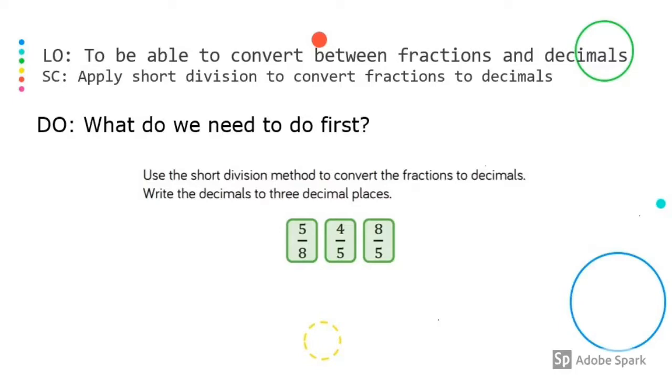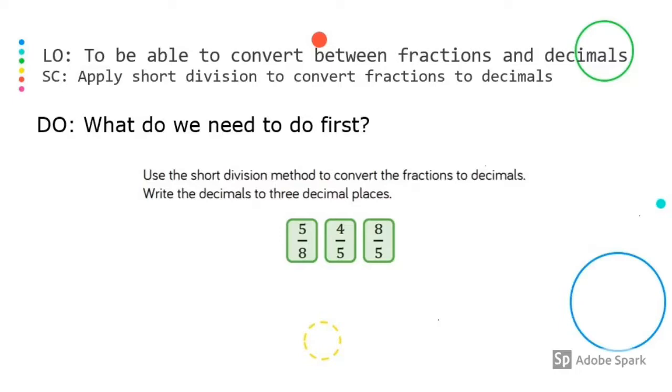Can 8 fit into 5? No, it can't. So, after the 5, you're going to need to put a decimal point and then a 0. Because 8 can't fit into the 5, we put a 0 above the bus stop and then follow it with a decimal point.